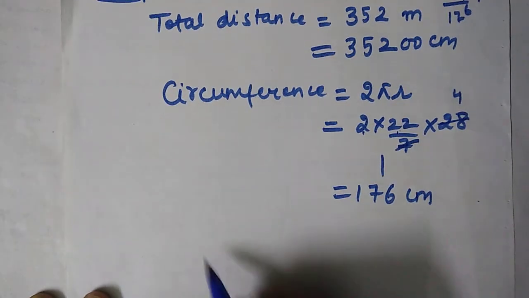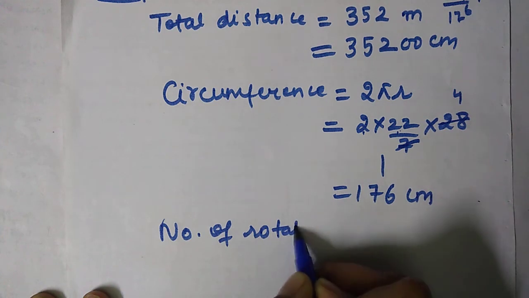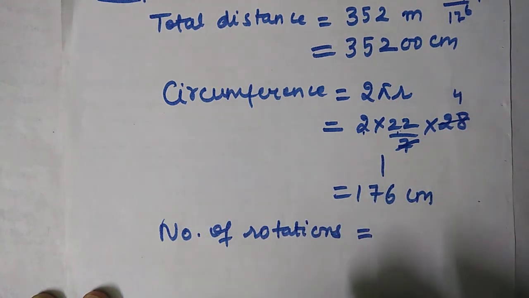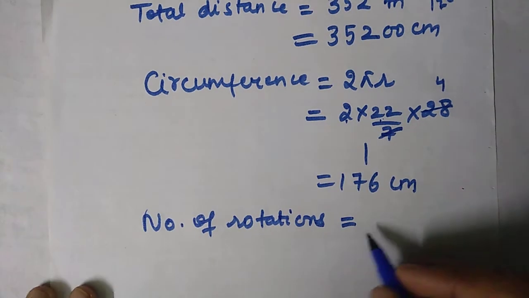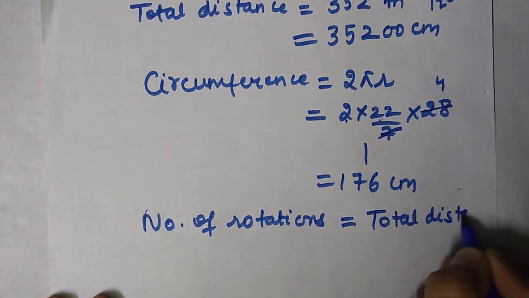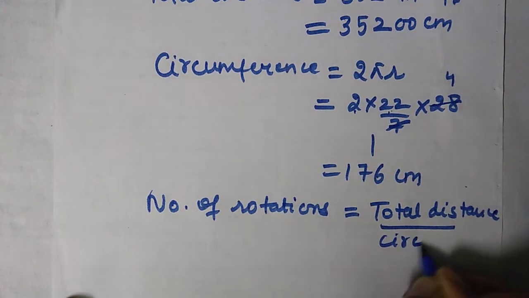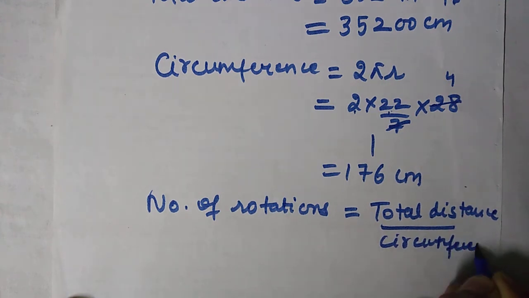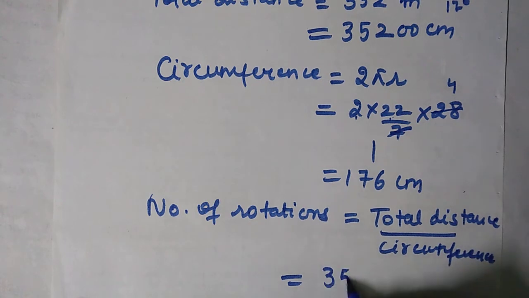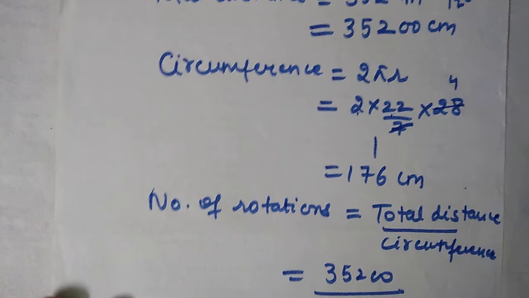So how will you find the number of rotations, or the number of times a wheel should rotate? The number of rotations will be the total distance over the distance in one round, that is the circumference. The total distance we need to cover is 35200 centimeter, and the circumference is 176.